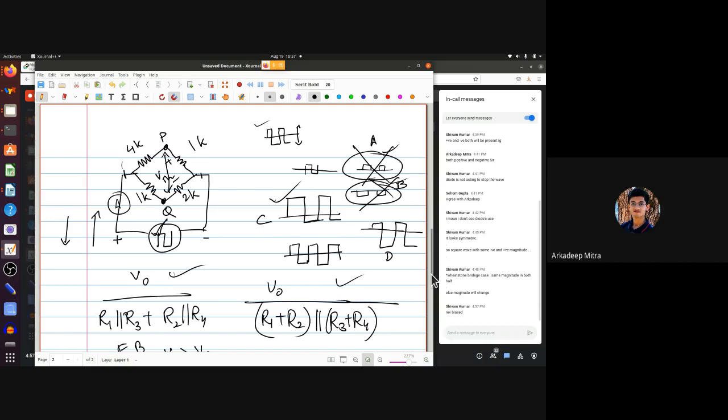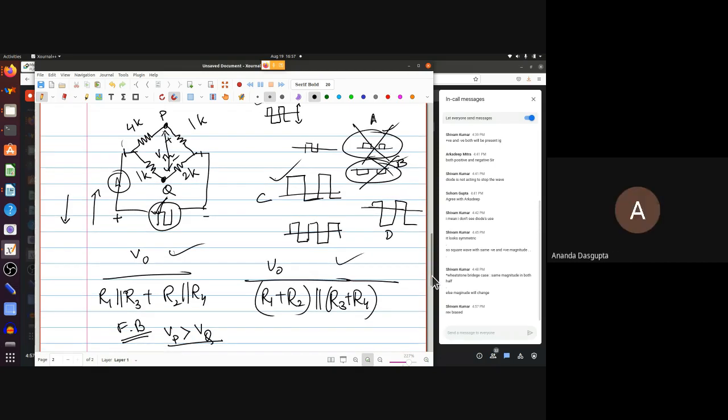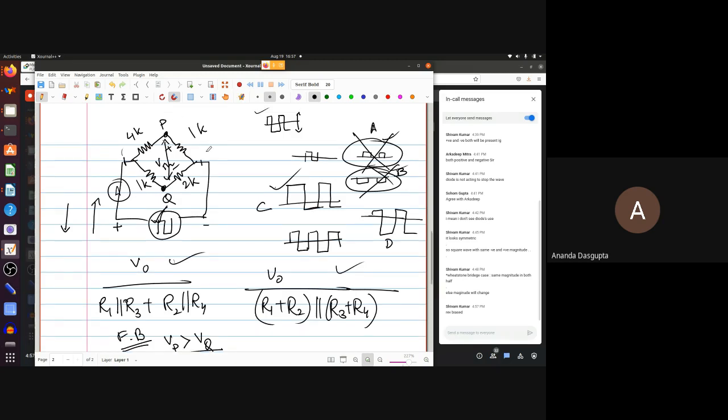The one with the higher resistance. The bigger one, right? So among these two, which one drops the higher voltage? 4K. And here? 2K. So which voltage is higher, P or Q? Q is higher. Why?